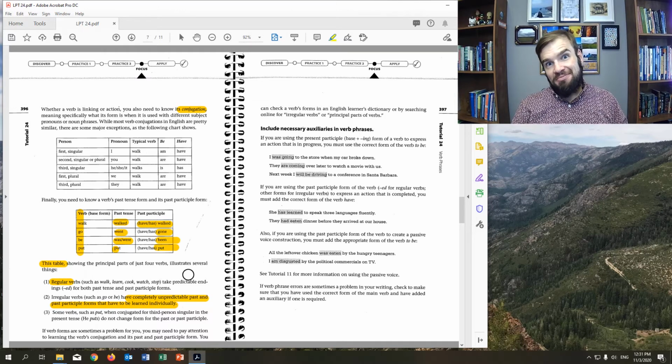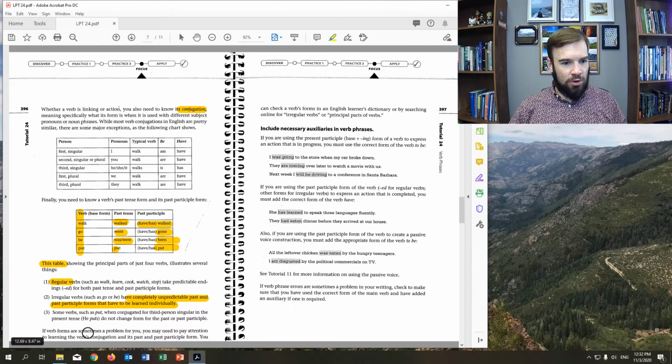I'm sorry, but it's true. Number 3, some verbs such as put, when conjugated for third person singular in the present tense, he puts, do not change form for the past or past participle, right? Put, put, put. And I'm sure you already know other examples of these that don't change between the base form, the past tense, and the past participle.